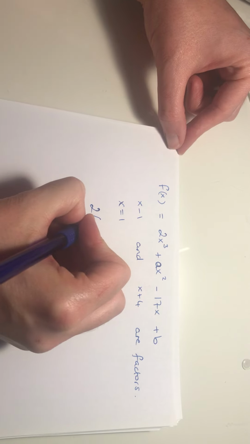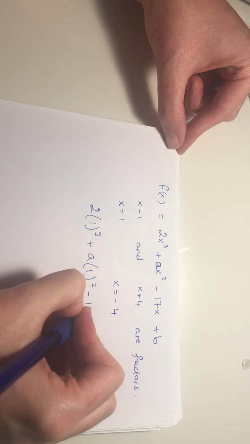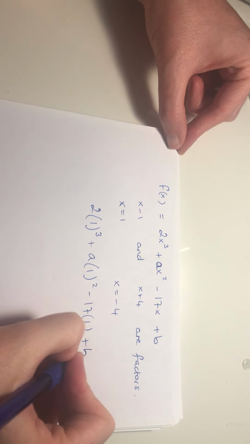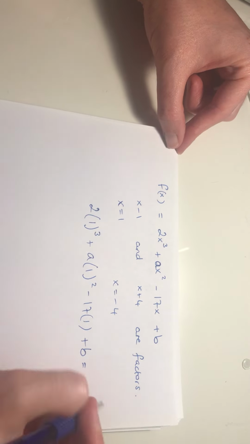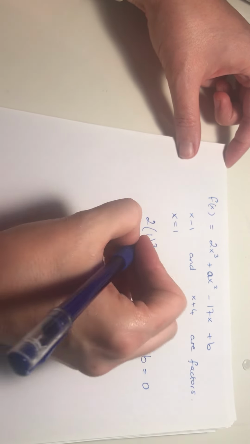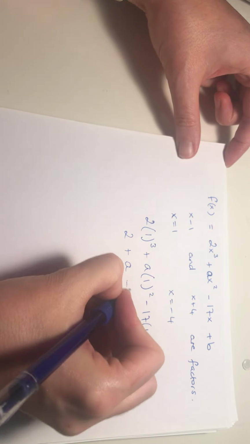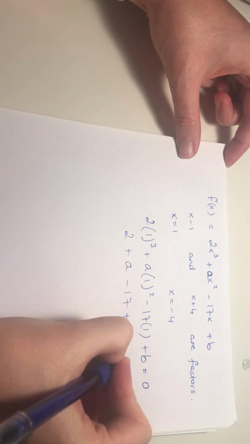So 2 times 1 cubed plus a times 1 squared minus 17 times 1 plus b, and because it's a root, we know it's equal to 0. So that is 2 plus a minus 17 plus b equals 0.